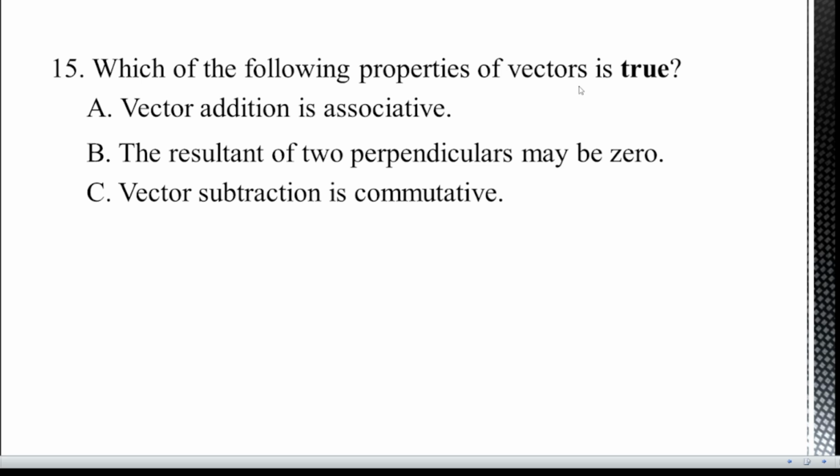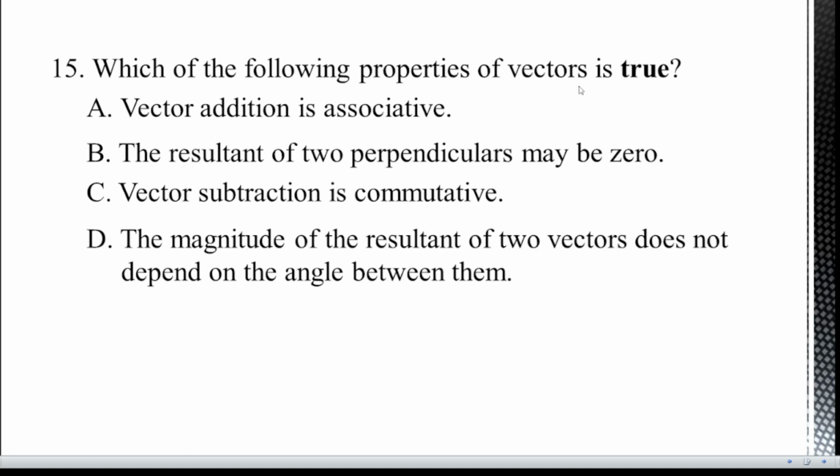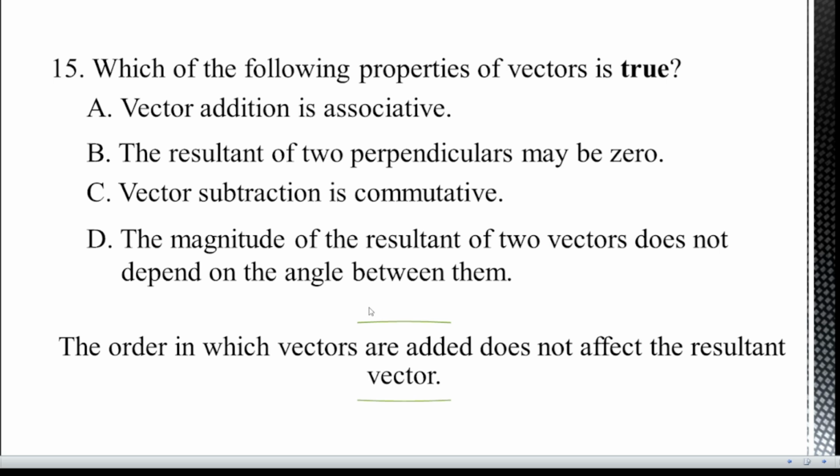No. Vector addition is commutative: vector A plus vector B is equal to vector B plus vector A. This is right, but in this case, C is completely wrong. D. The magnitude of the resultant of two vectors does not depend on the angle between them. No, it depends. And hence, our right answer is A.